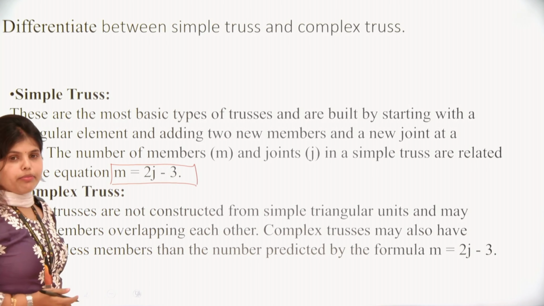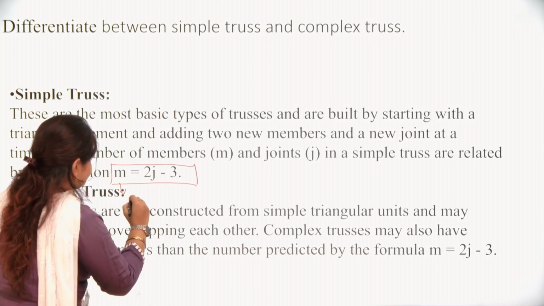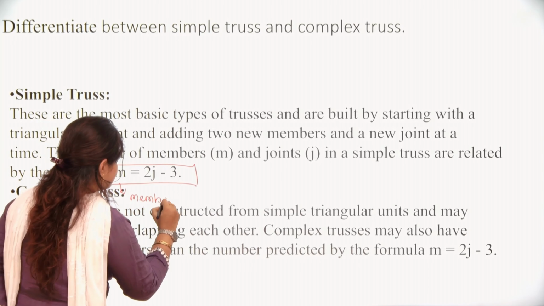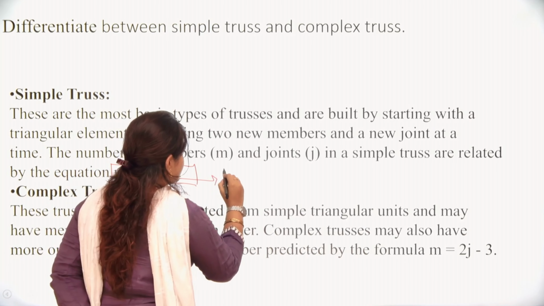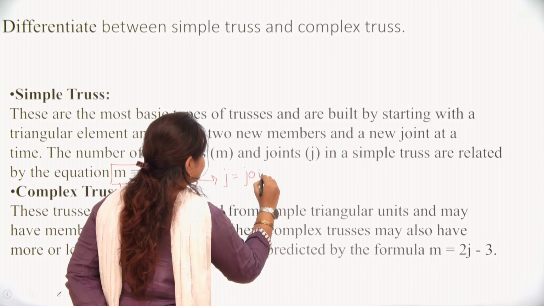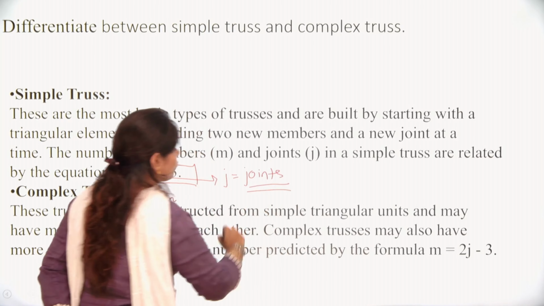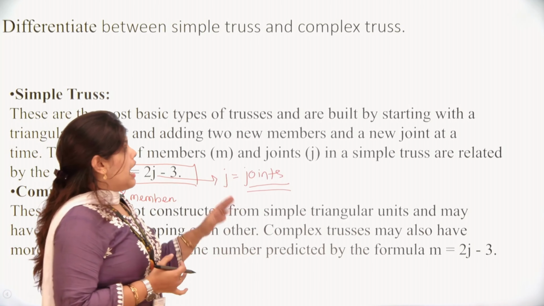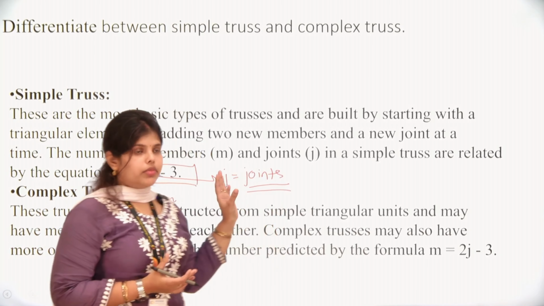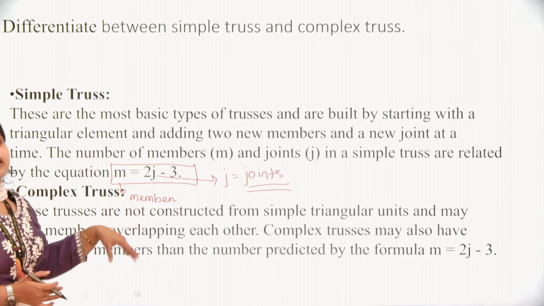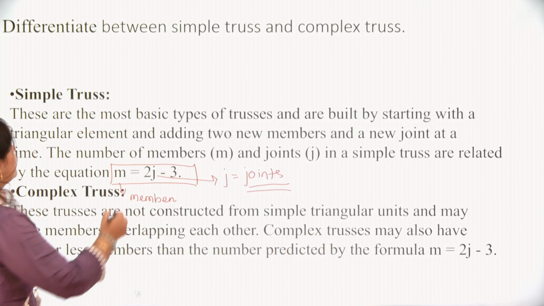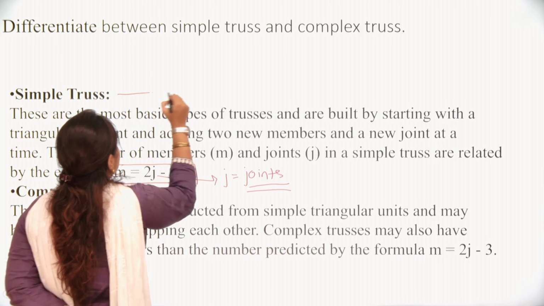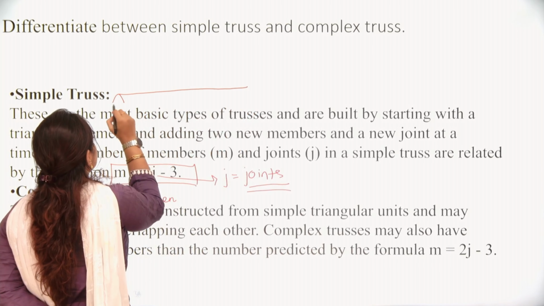One is your member, M for member, and J is your joints. The structure is made of triangular elements and we can calculate the members and the joints easily, that will be your simple truss. Let's have a diagram of a simple truss.